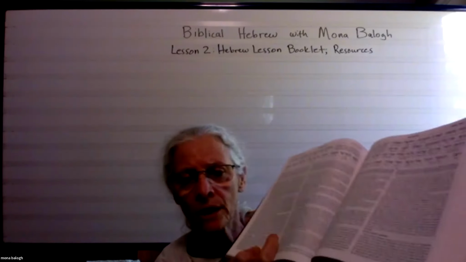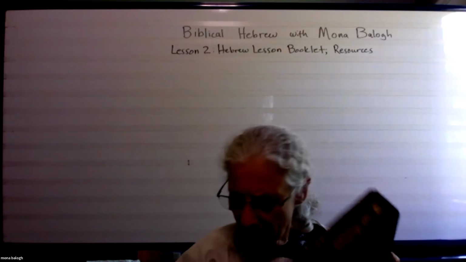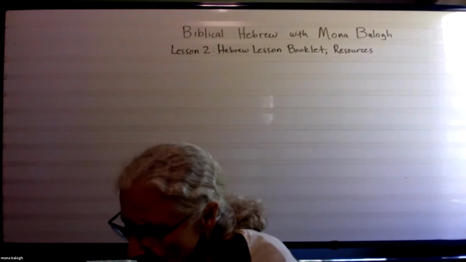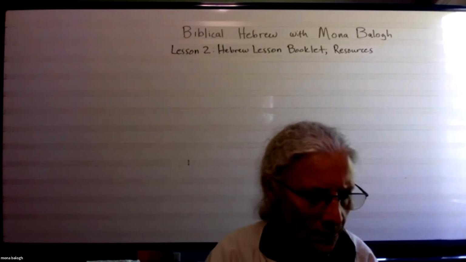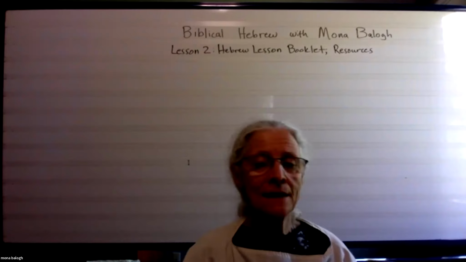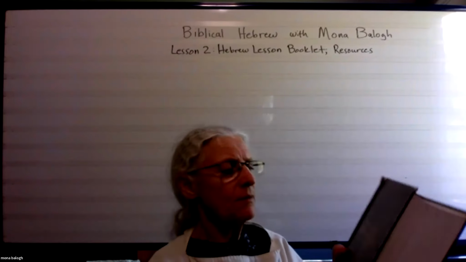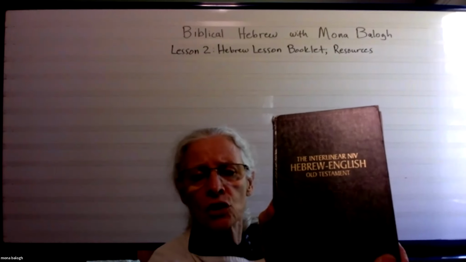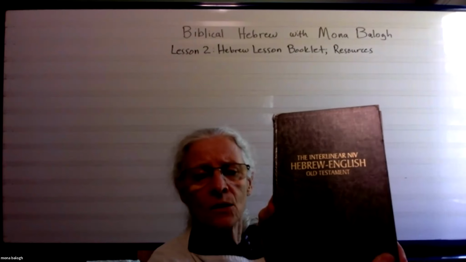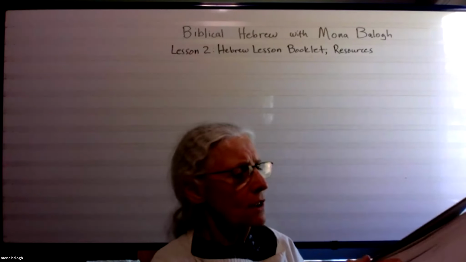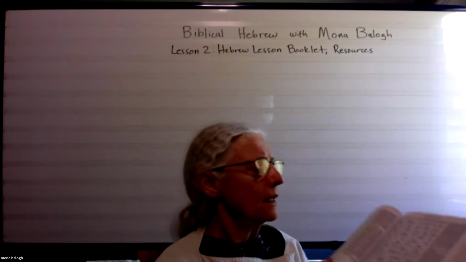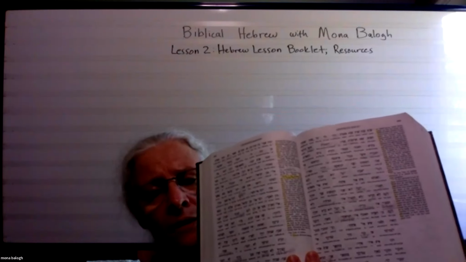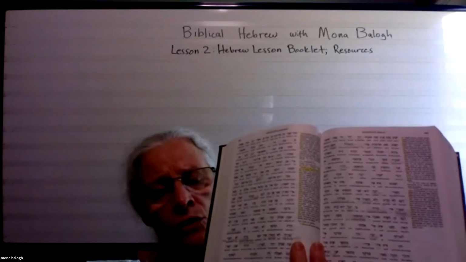And this you do need to buy a hard copy. This is our textbook, the 5 books of Moses. And there's another interlinear, which is absolutely wonderful, but it's the entire Hebrew Bible. This is the NIV interlinear Hebrew English Old Testament, so it's a Christian translation. Here you can see every Hebrew word from the Bible is written out, and underneath is again the exact translation or close enough.